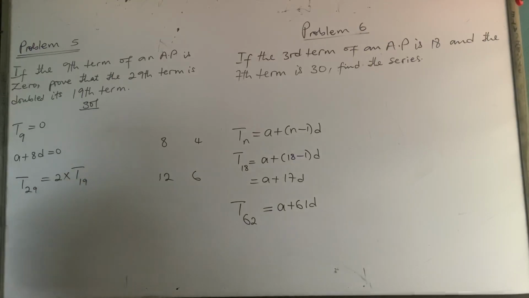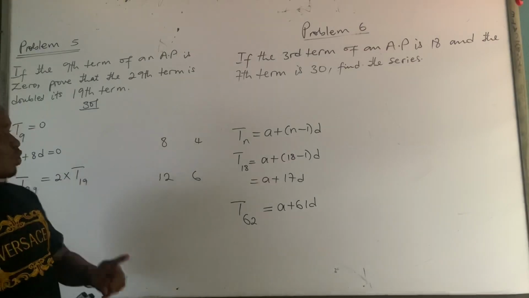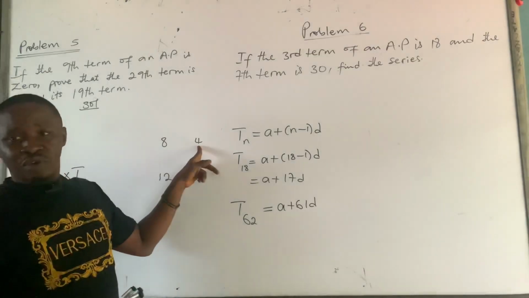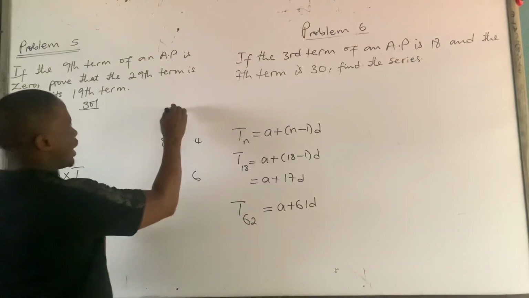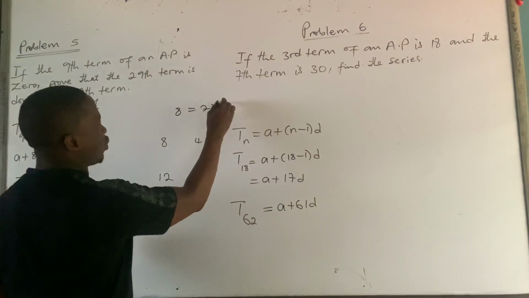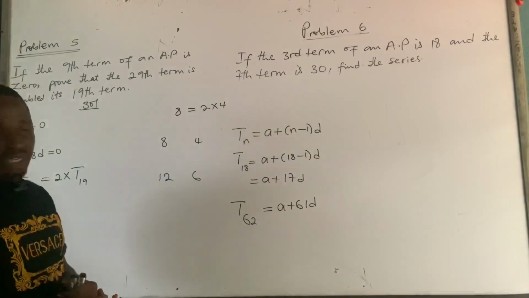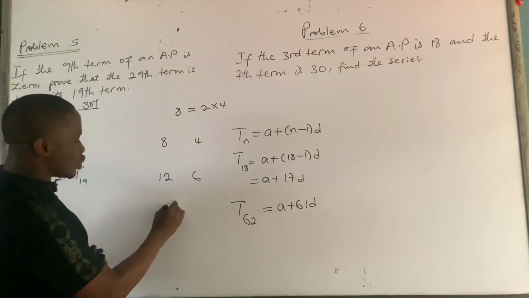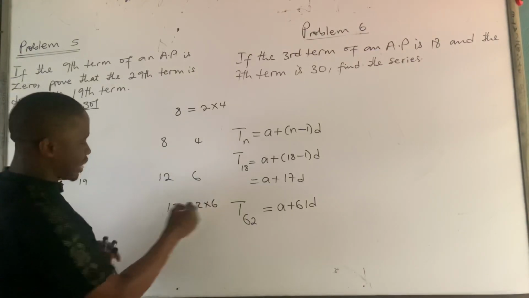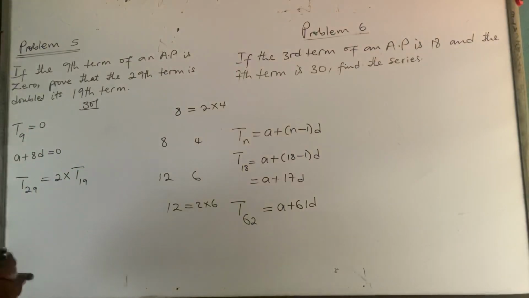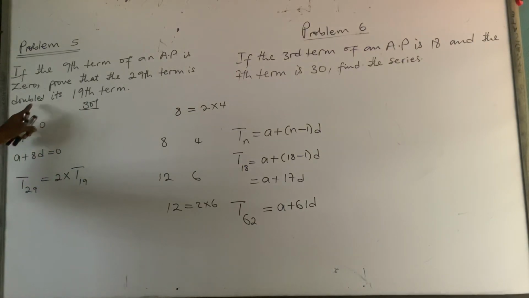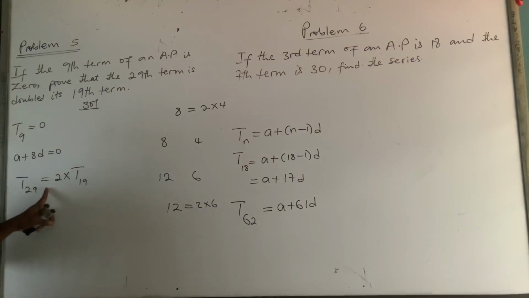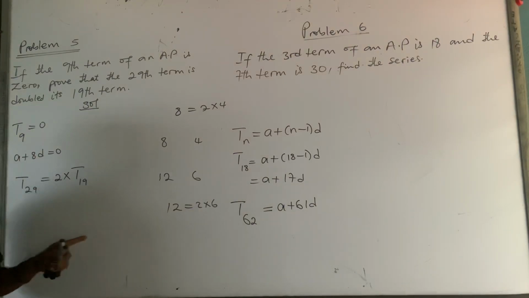This is what we want to prove. The only way we can prove that 8 doubles 4 is when we say 8 is equal to 2 times 4. The only way we can accept that 12 doubles 6 is when we say 12 is equal to 2 times 6. So the only way we can accept that the 29th term is double its 19th term is when we say the 29th term is equal to 2 times the 19th term.